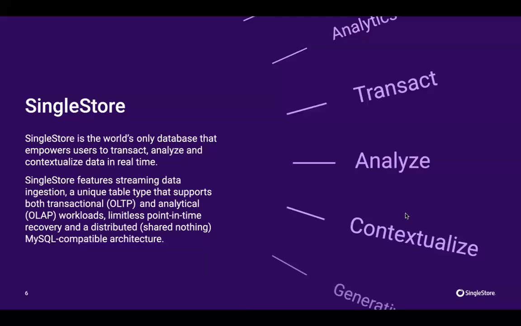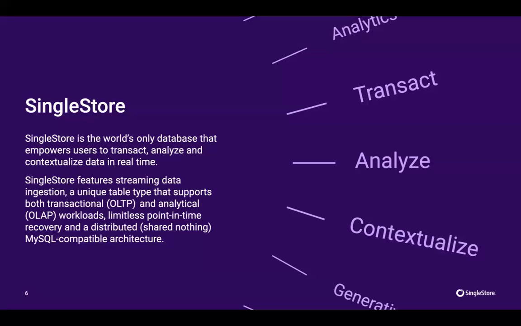Just 2 slides on SingleStore, the standard discussion about the product. Historically, if you've come across the technology previously, you may have known it as MemSQL. Both the product and the company were called that, and the focus was very much on in-memory, hence the name Mem. In-memory OLTP, very, very fast for that type of data processing.